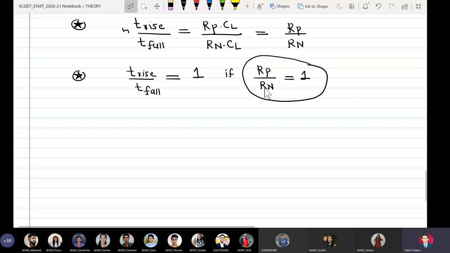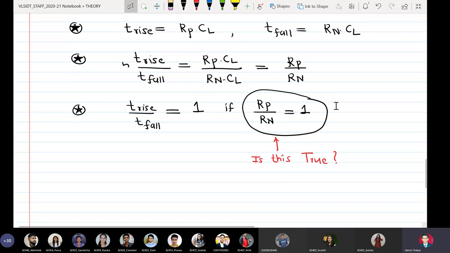So now our question is, is this a fact? Is this true? We know that rise time upon fall time is equal to RP upon RN. If RP was equal to RN, then we should have got rise time equal to fall time, which we are not getting even in simulation.